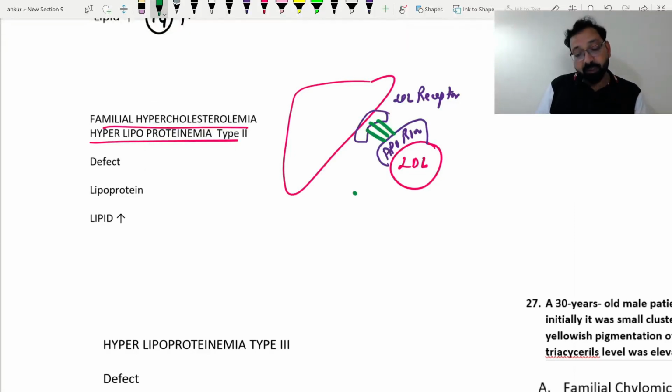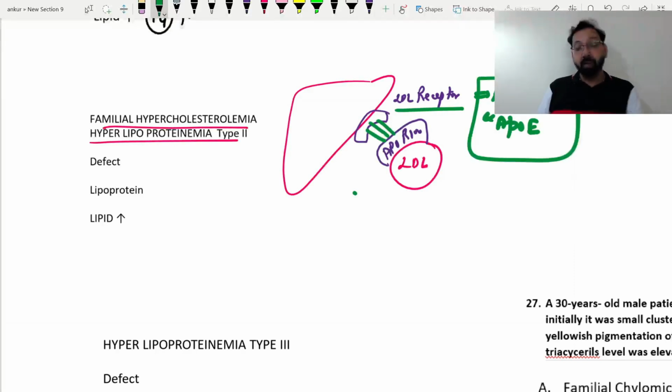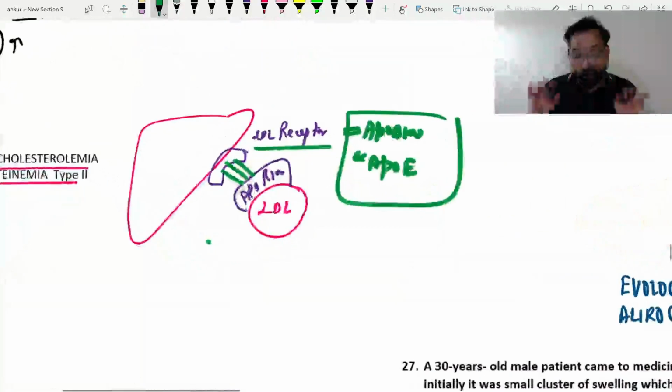Sometimes we say the LDL receptor recognizes ApoB100. The ligand for the LDL receptor is ApoB100, and also ApoE.